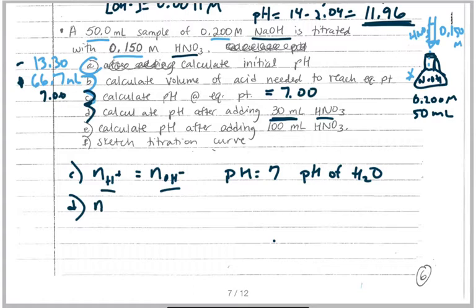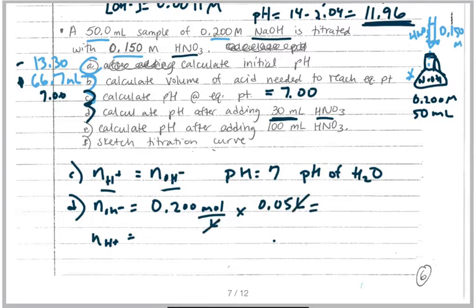So how many moles of hydroxide do we have, and how many moles of hydrogen do we have at that point? We have a defined amount of the base, which is 50 milliliters. Let's do the concentration, which is 0.200 molar, or moles per liter, times the volume, 50 milliliters, but I want it in liters, 0.05 liters.